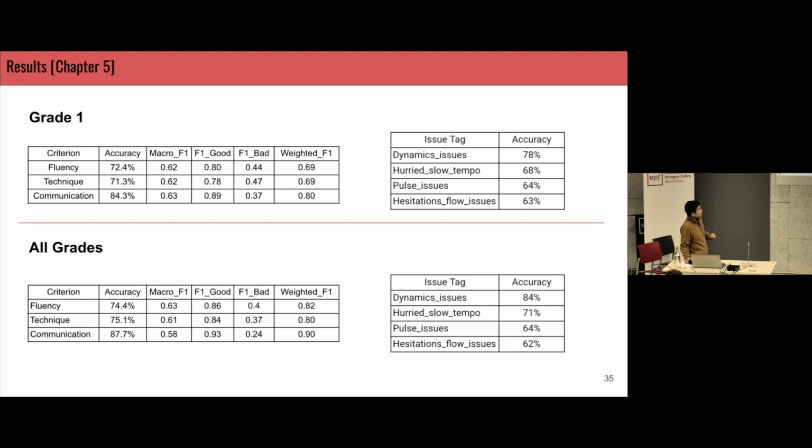However, those tempo-related tags show similar accuracies across the data sets. This is because I think the model is still a little bit confused with global or local tempo issues.